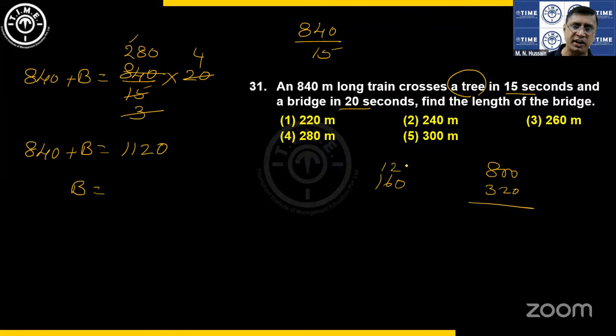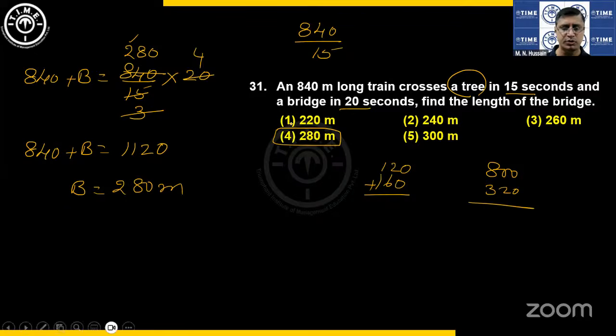Here 1120 means 120 more than 1000. The sum of these two is equal to 280 meters. What is the length of the bridge? That is 280 meters, option 4. Fourth choice is the right answer.